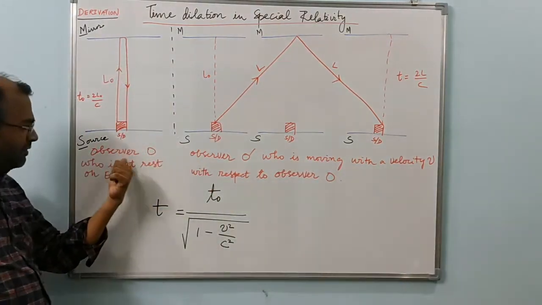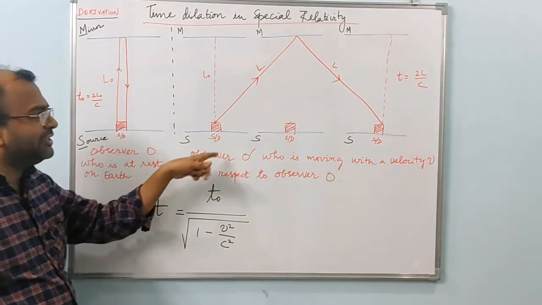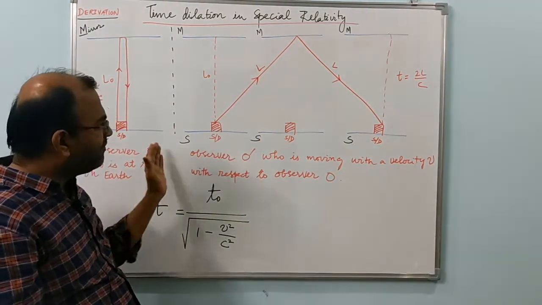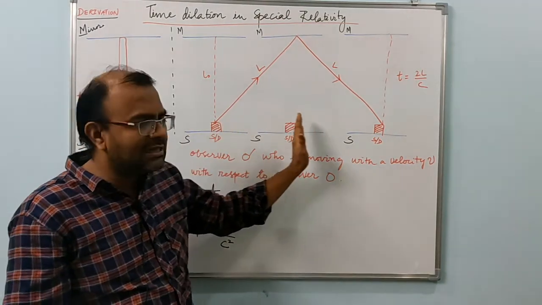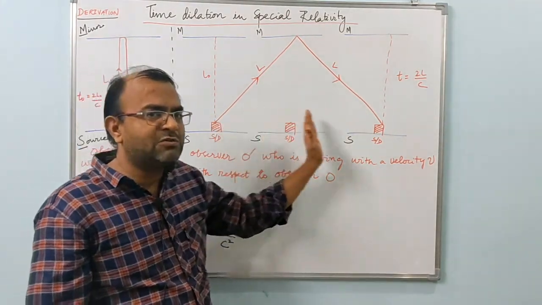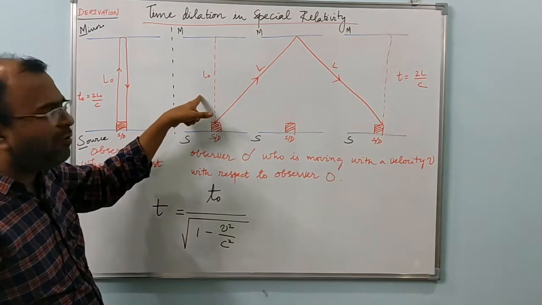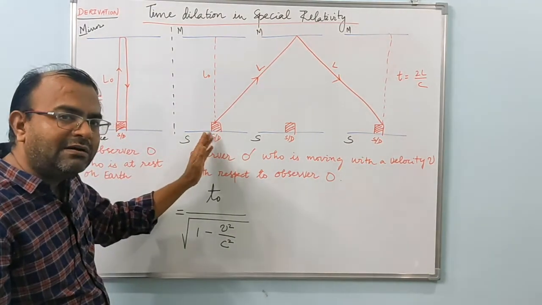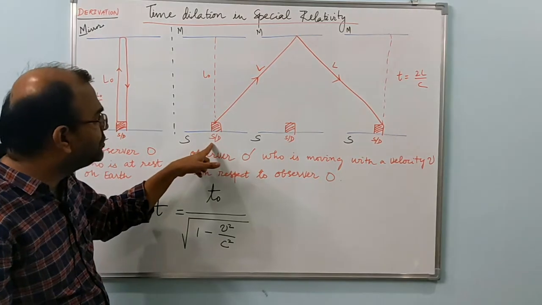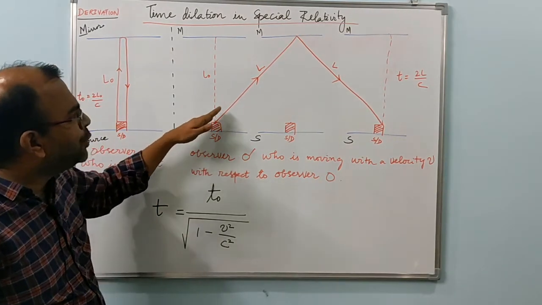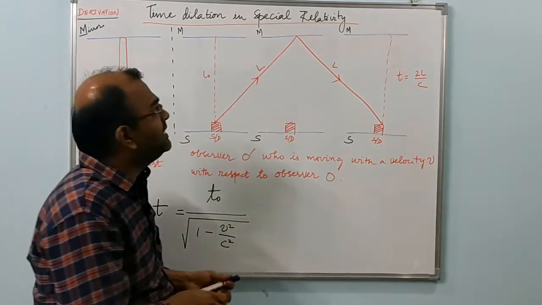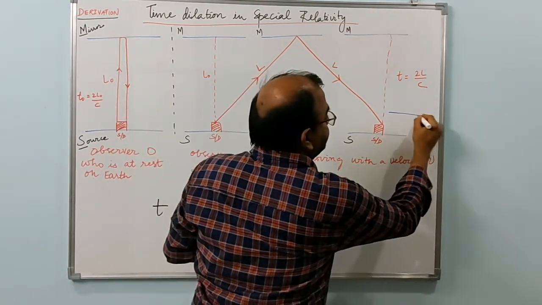But for this observer O, if he tries to measure the event from his frame of reference, he would find that since the other observer O prime is moving with respect to him, when the light beam is emitted by the source, it starts going in this direction because it is moving in this direction with a velocity v.